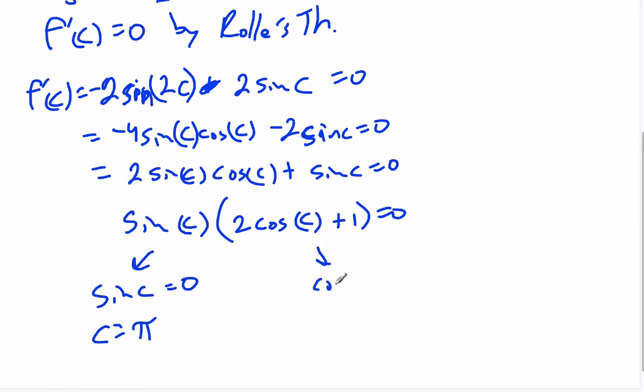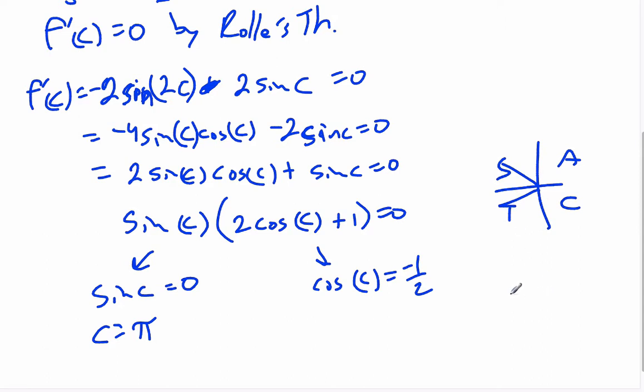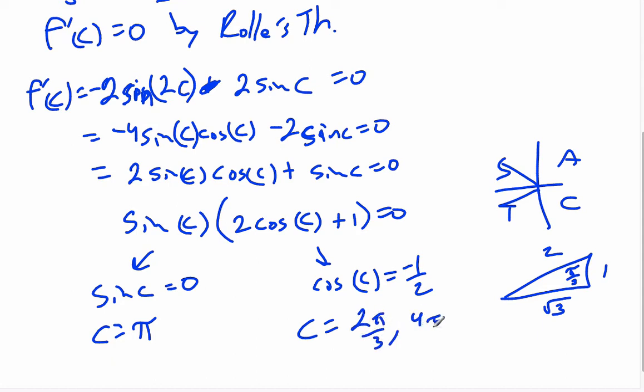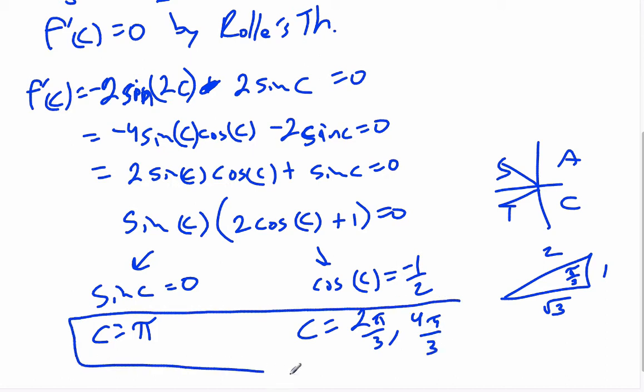And here we have cosine c equals negative half. We're going to have a solution here and a solution here. We're talking about half, so we're talking about this triangle, and that would be pi thirds in here and here. So we're going to get c equals 2 pi thirds and 4 pi thirds. So there are your 3 solutions.